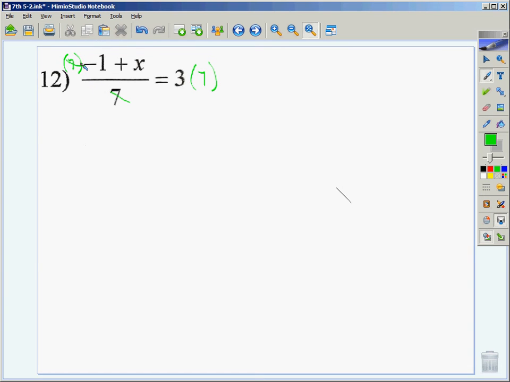Careful not to lose this sign. And 3 times 7 is 21. How do I get rid of this negative 1? And x is going to be 22.